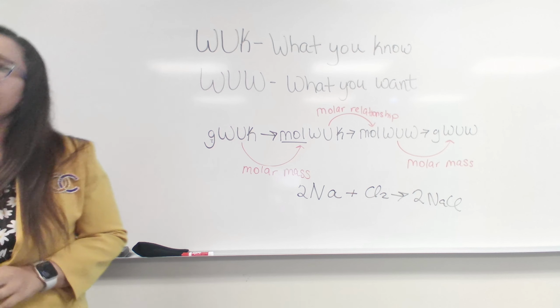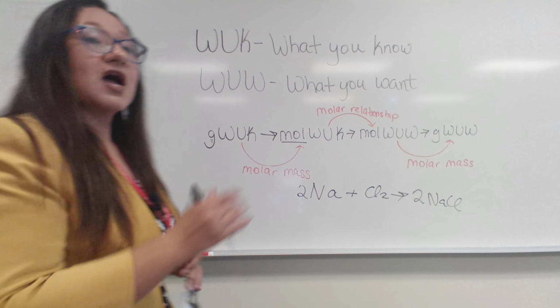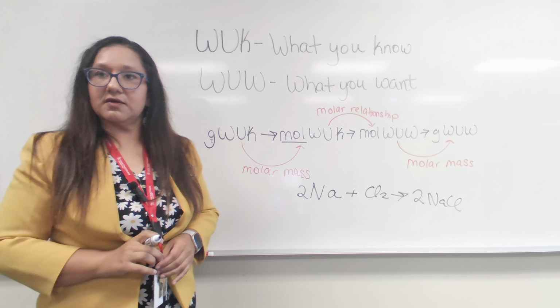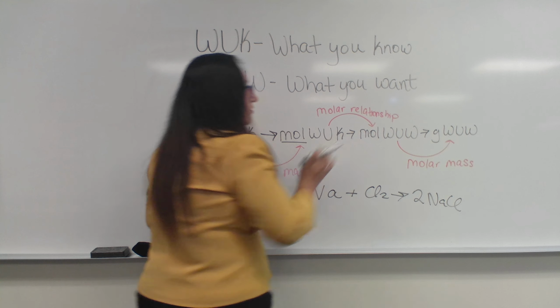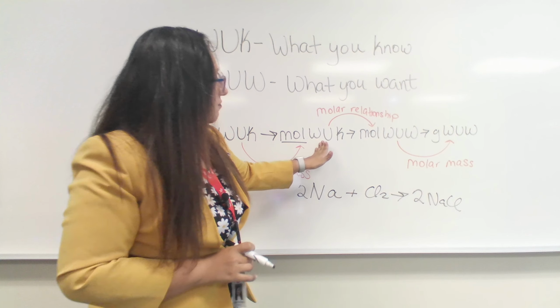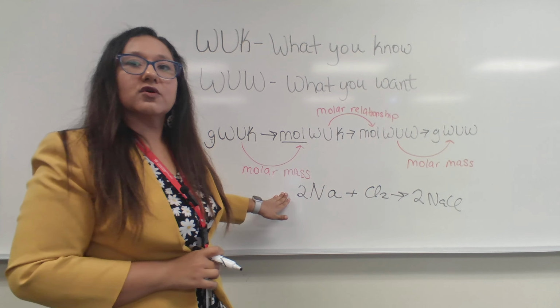I have 12 eggs. I only need 2 eggs to make 1 cake. How did you know you only needed 2 eggs? You looked at your recipe. So this is the part right here that students struggle with. To go from mole to mole, you have to use your recipe.